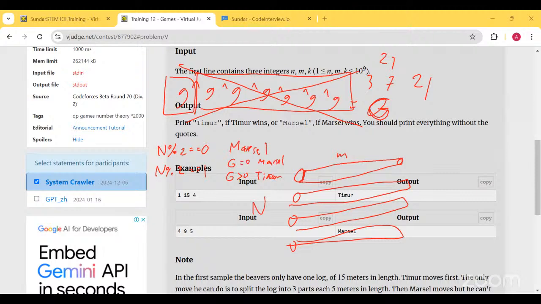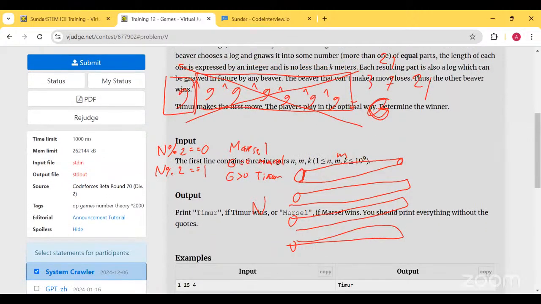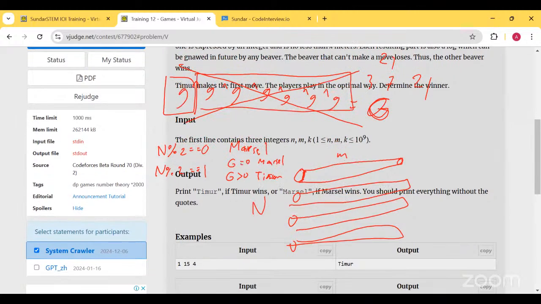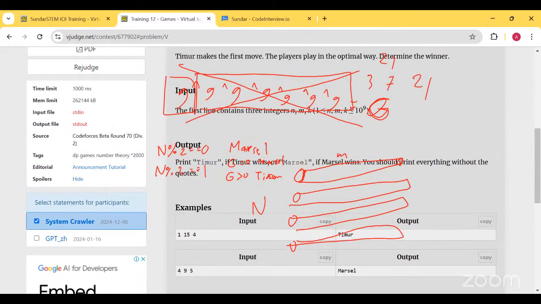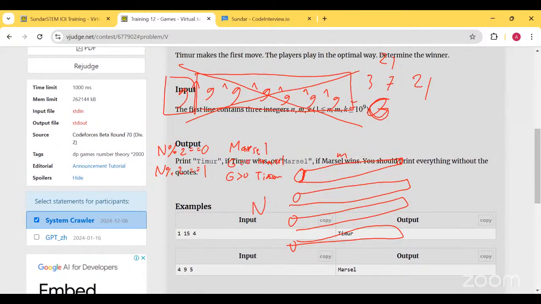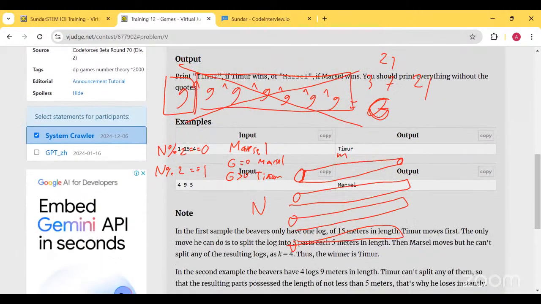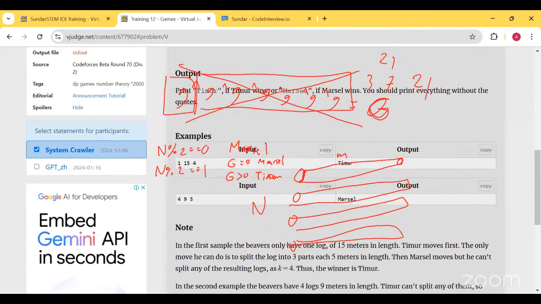Is the K fixed? Okay. Oh, sorry. In the third, it is no less than K. Okay. Yes, that's correct.